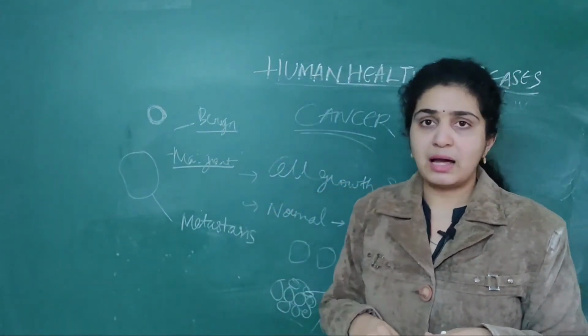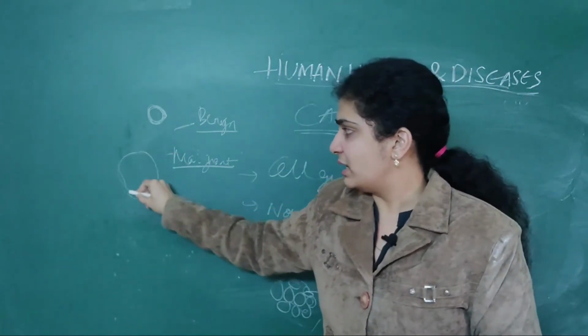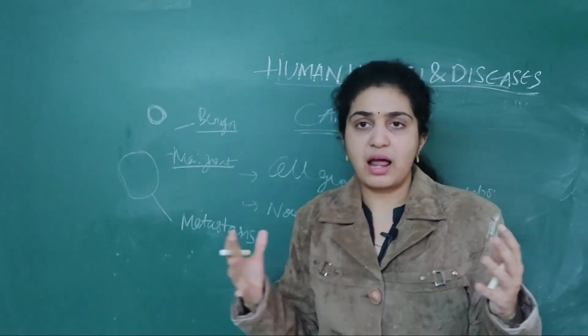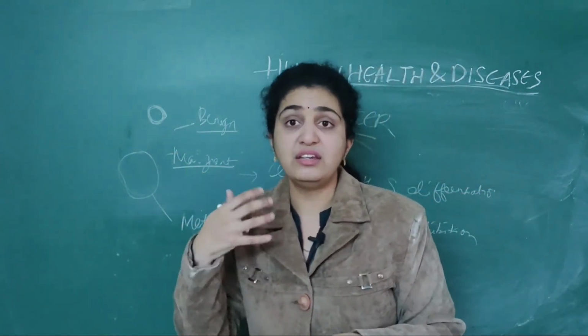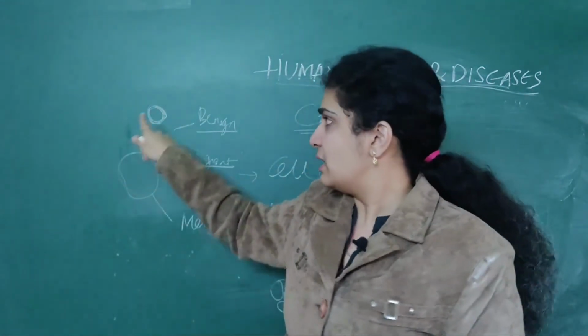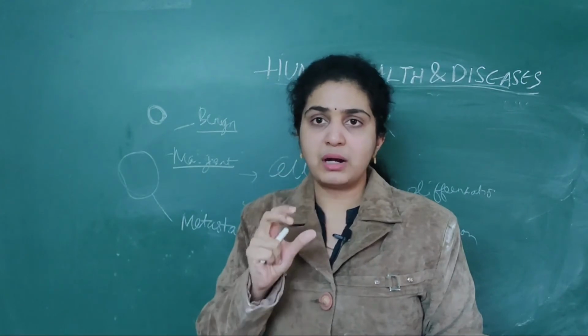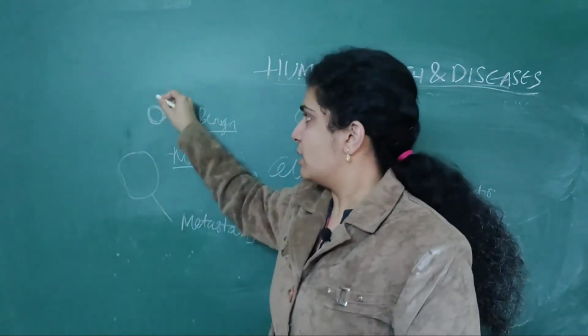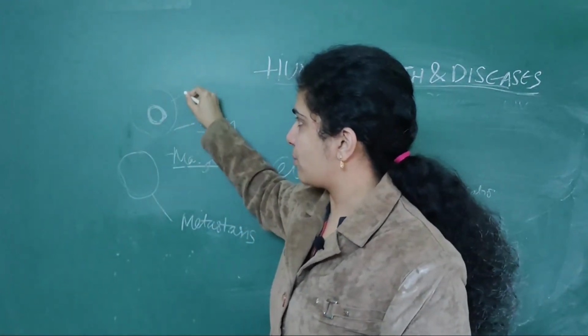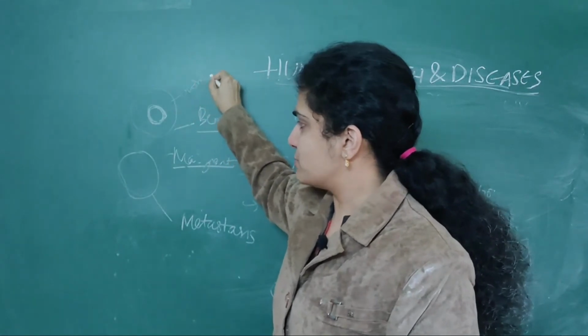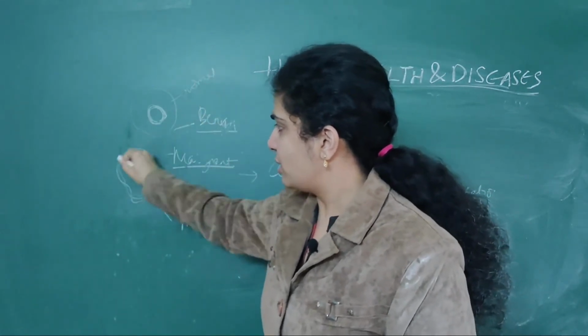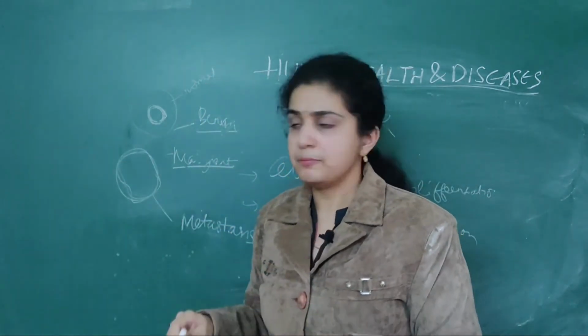But malignant tumors are very large in size and spread rapidly to the surrounding tissue. They invade the surrounding tissue. Benign tumors will destroy only that particular tissue; the rest of the tissue will be normal. But with a malignant tumor, the full tissue will be destroyed.